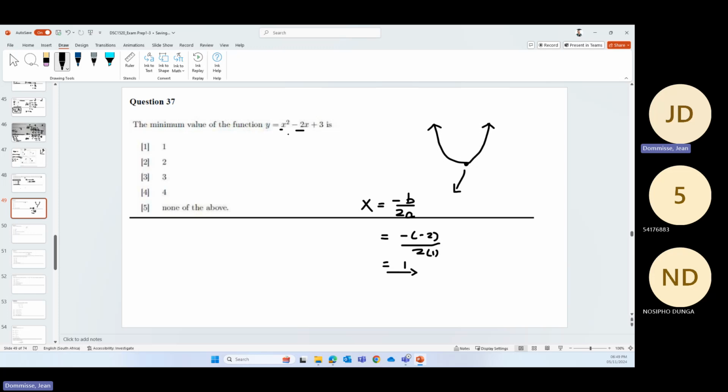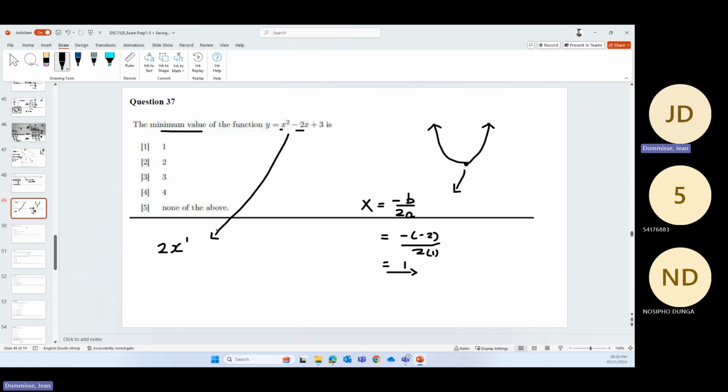Another way was to say, to get to the minimum value, it doesn't matter what function we have. With the quadratic, it's nice to work out the turning point, but if this was a different function, to get to that minimum value, we need to differentiate. So when we differentiate, x to the power of 2 becomes 2x to the power of 1.